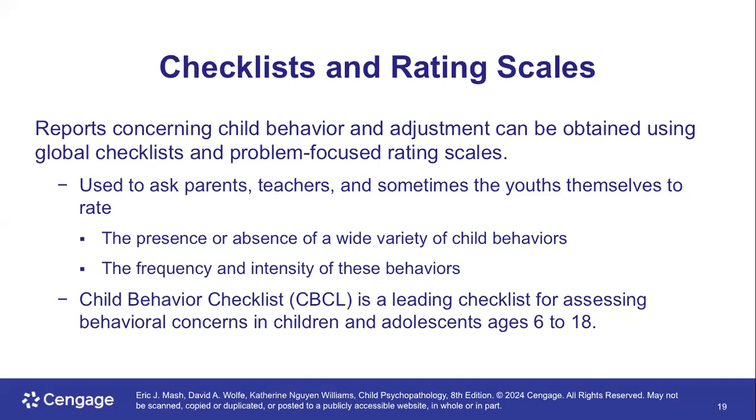So one of the more popular instruments we use is called the Child Behavior Checklist, or the CBCL, which is really great in working with school-age children and trying to understand behavioral concerns in children and early adolescence.